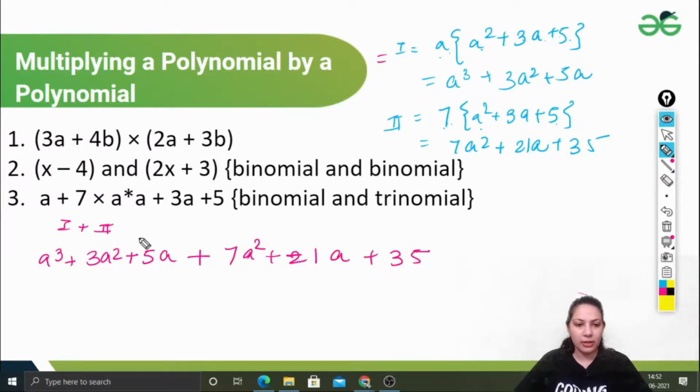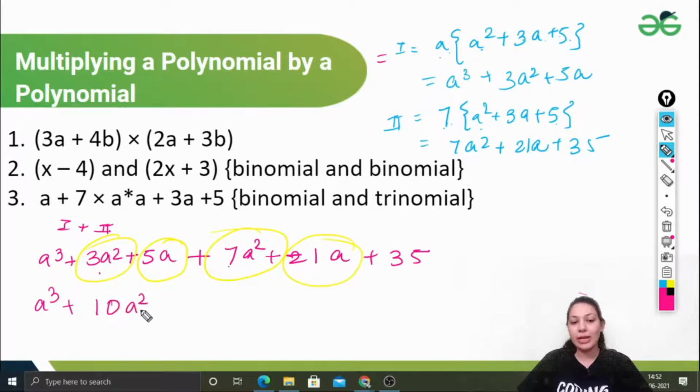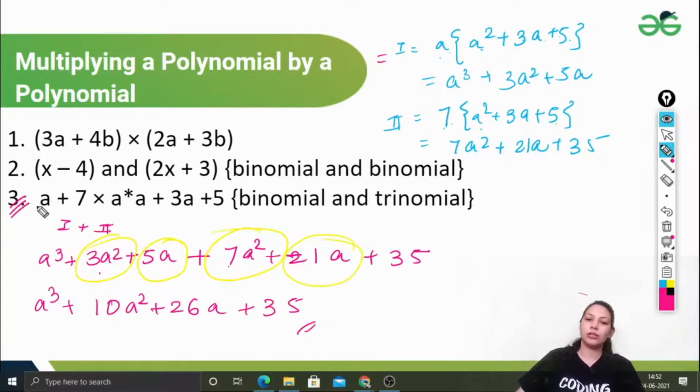So let's see 5a and 21a, 7a square and 3a square. Let us quickly simplify this. a cube will remain as it is. 3a square plus 7a square will be 10a square. Like terms mean addition; the operations are performed in like terms only. So 5a and 21a is 26a. Now the constant stays as it is, 35. So this is the answer of the third question.